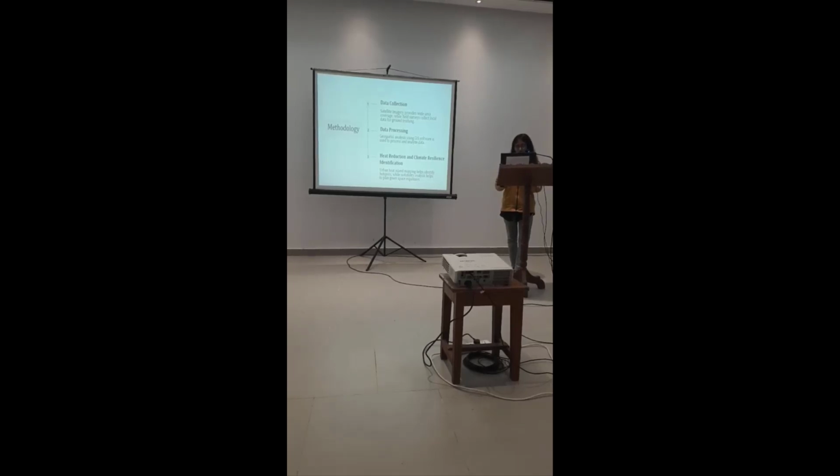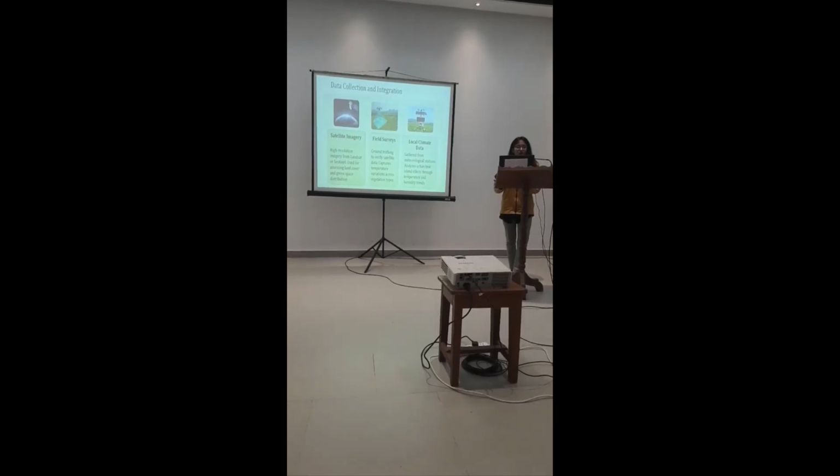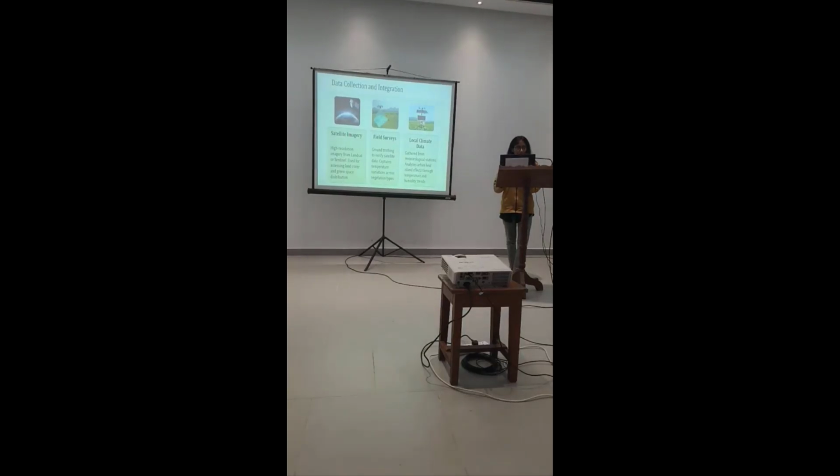So for the data collection and integration process, satellite imagery will be used first for identification. So we can find high resolution imagery for the data collection, and then for further details we need to do a field survey by ground truthing.